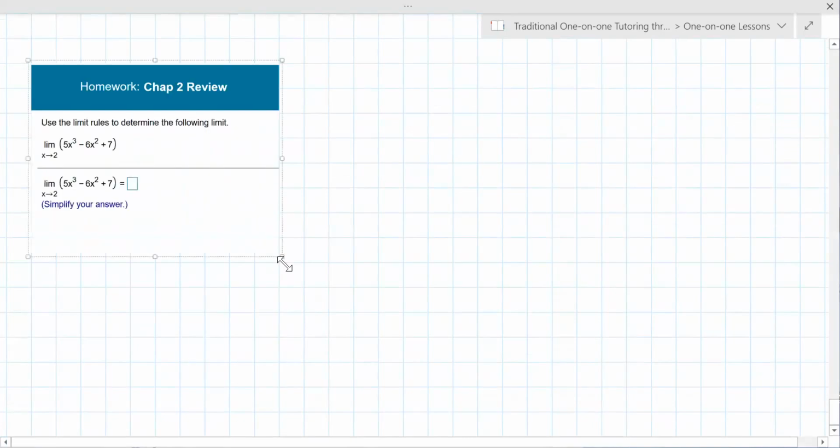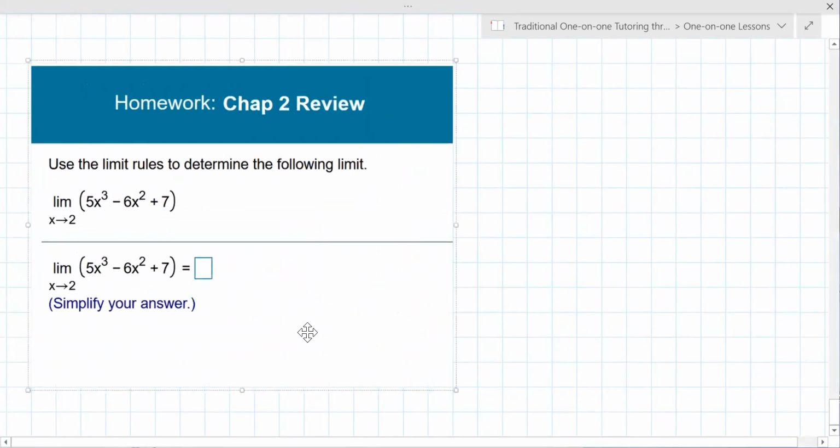It says use the limit rules to determine the following limit. How would you start this problem? Okay, so you have to factor it, right? What's the first thing you should always try? Plug in.